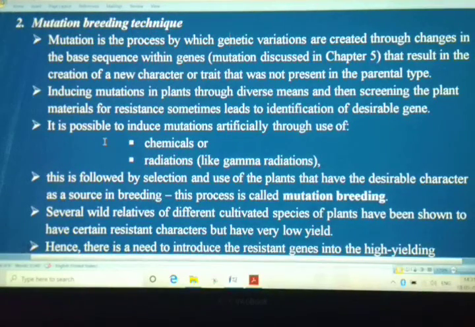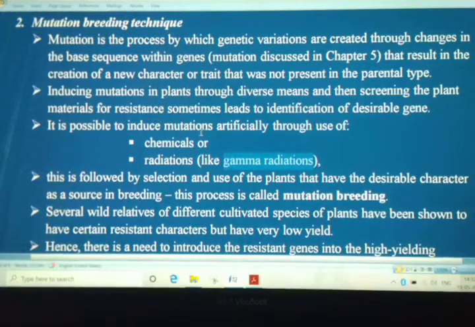Now there should be some agent which is going to induce changes in the gene or the DNA. This is done by artificial methods, by use of either some chemicals or some radiations, like gamma radiation.